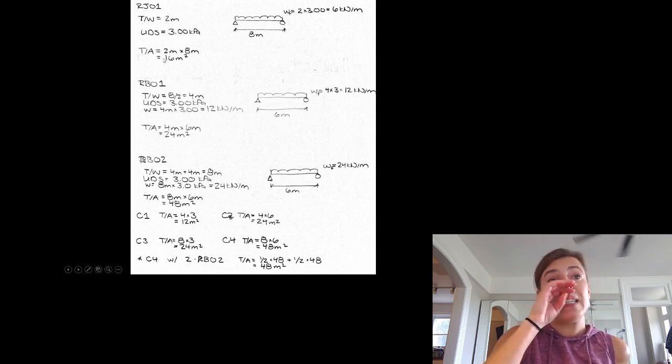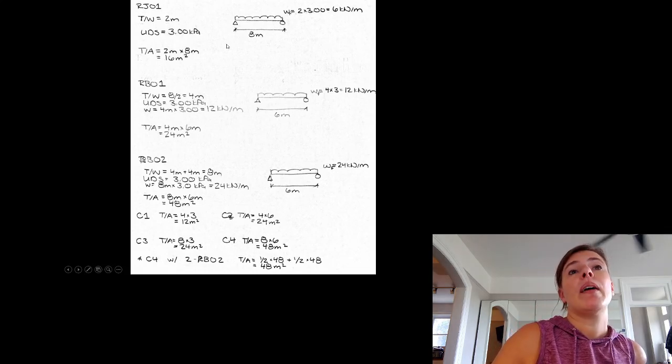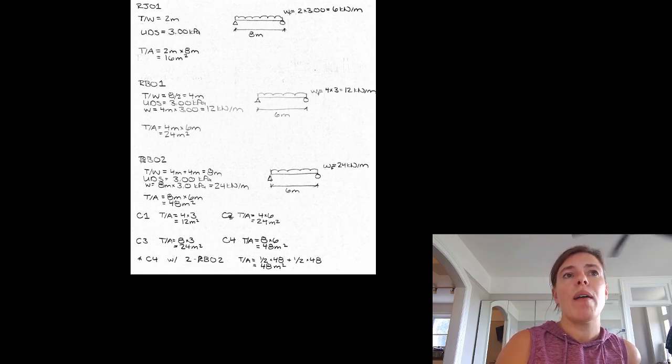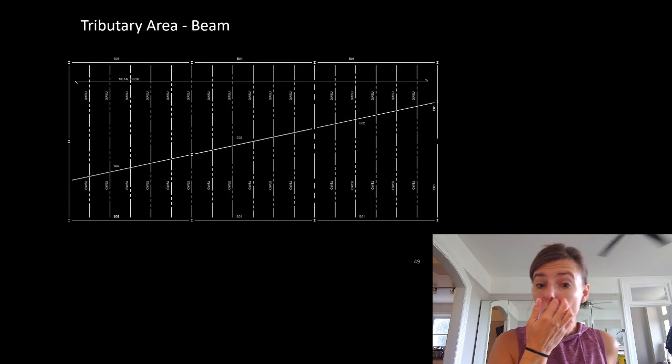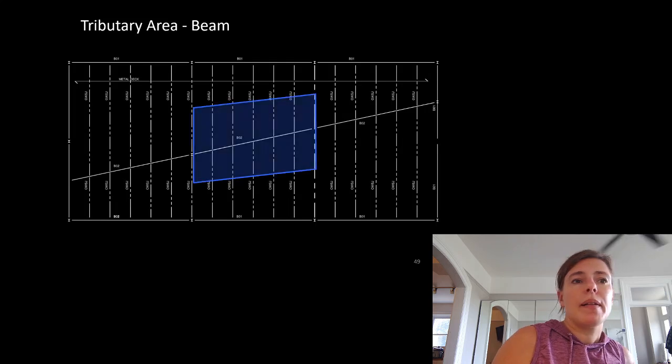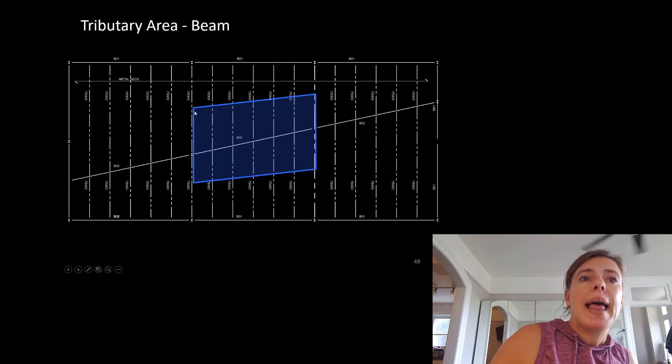And here's the entire tributary area, which is that tributary width times its entire length. I talked through all of these, so you have all of them right here to take a look at. What happens when things are crooked or weird? Well, this beam right here, beam O2, picks up half of each one of these joists, and these joists get shorter.